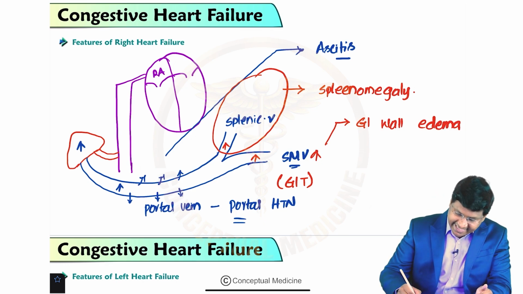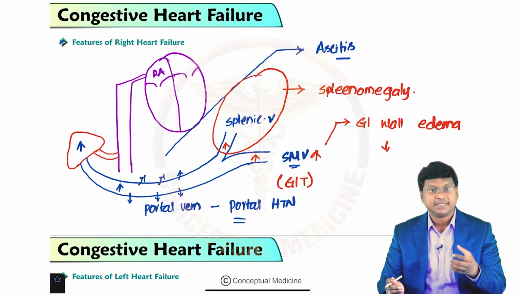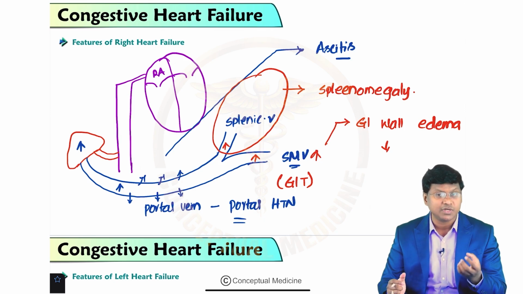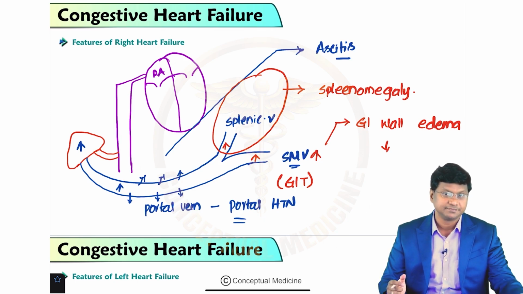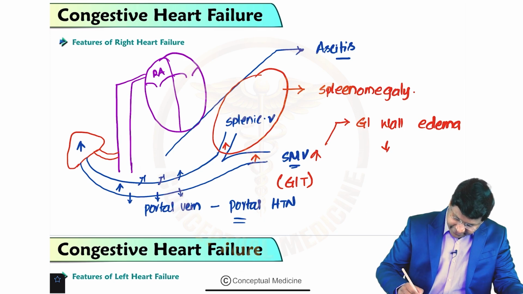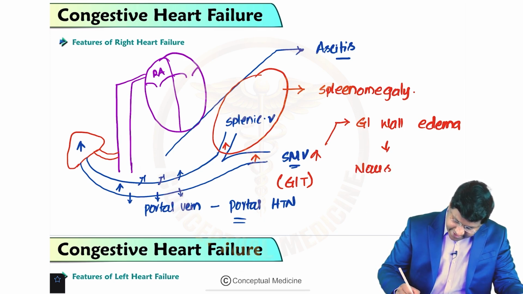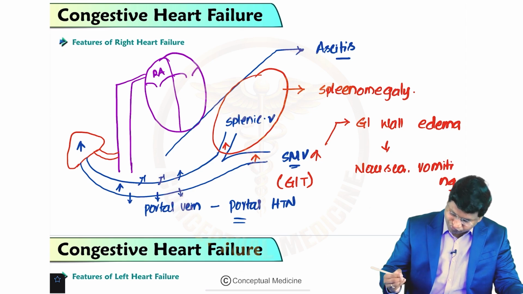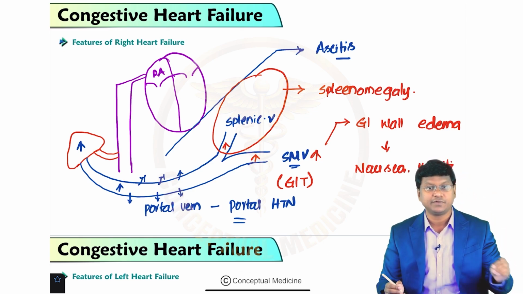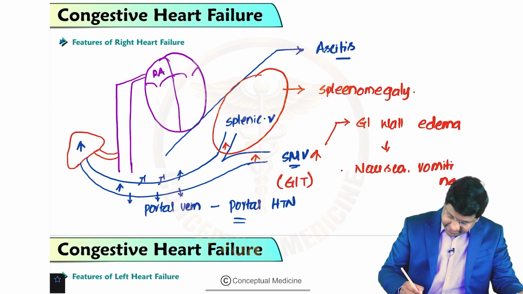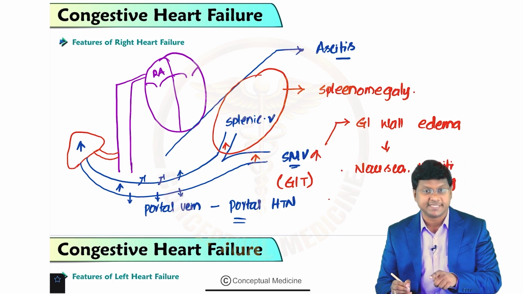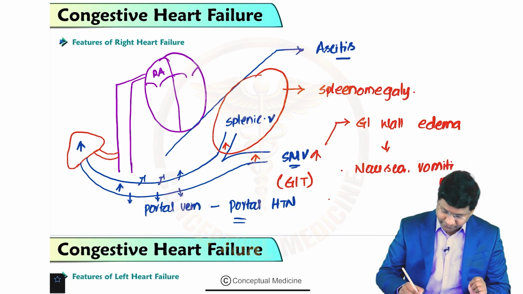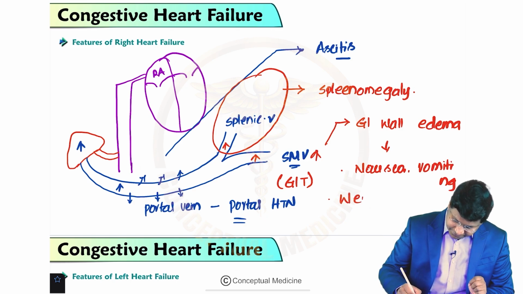So once there is gastrointestinal wall edema, the absorption of the nutrients across the GIT does not occur, and thereby there will be nausea, and they can also have vomiting. And the next important feature is that there will be weight gain within the individual.